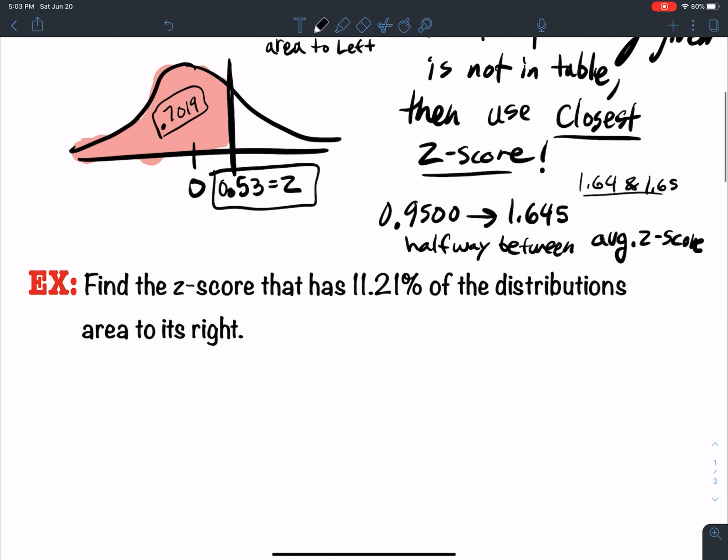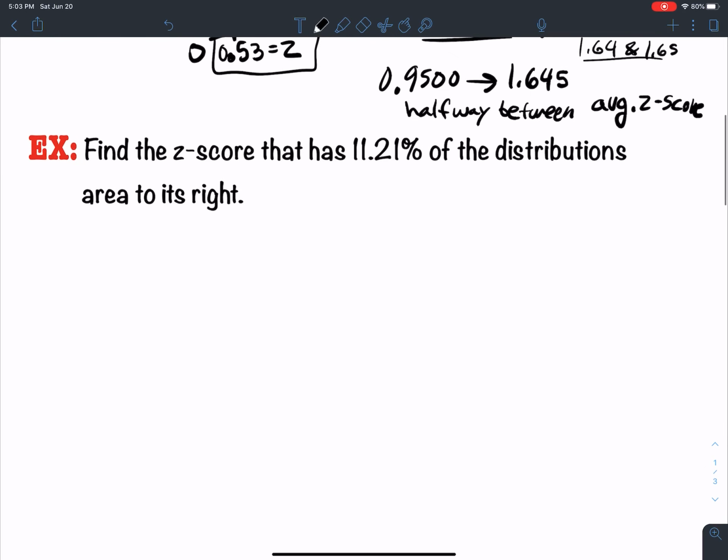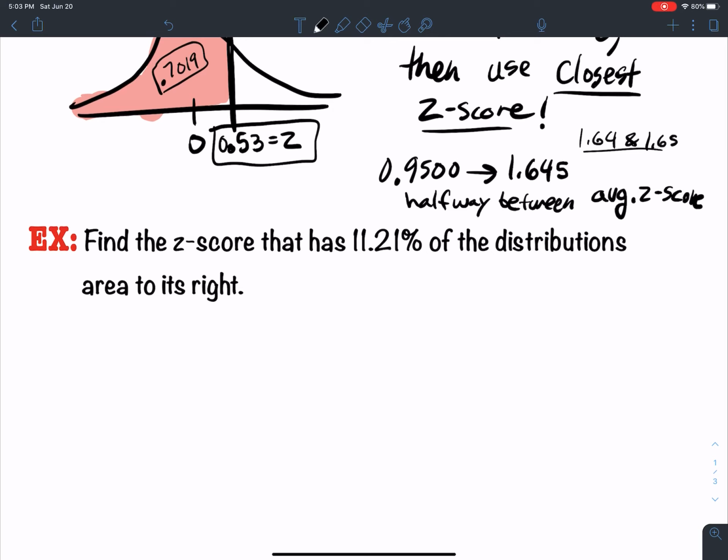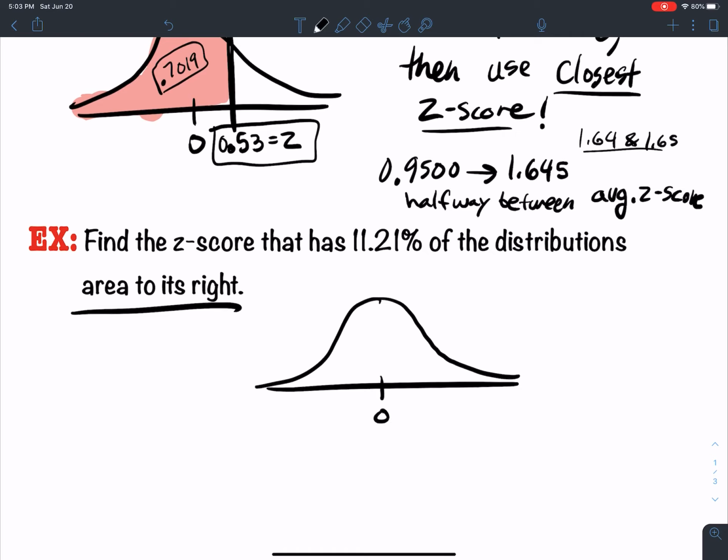All right? So what I want to do is find the z-score that has 11.21% of the distribution to the right. So I always draw my picture first. When I draw the picture, it gives me a better idea of what's going on here. So 11% to the right, that's going to be smaller than half.